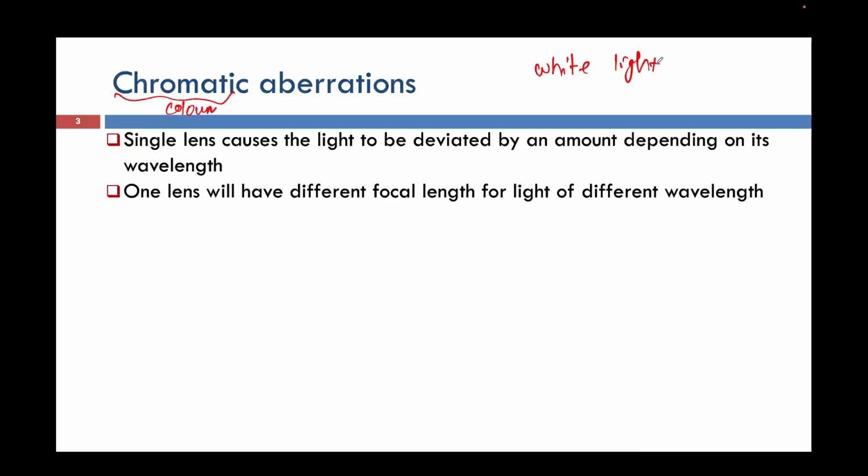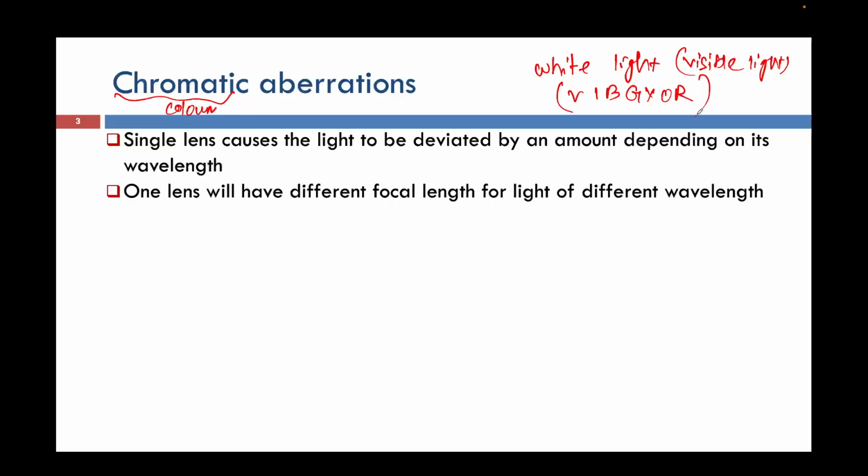And this white light, if we consider it as visible light, is made up of 7 different colors, or you can say 7 different wavelengths.